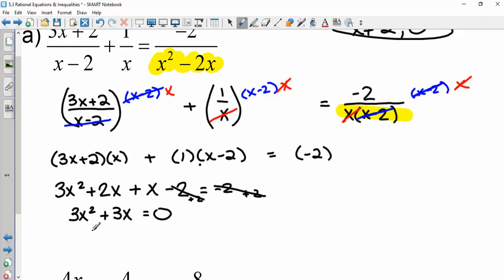How would I solve this? Factor out 3x. Use this with x plus 1. So what makes 3x equal 0? 0. What makes x plus 1 0? Negative 1. What do I need to do at this point?